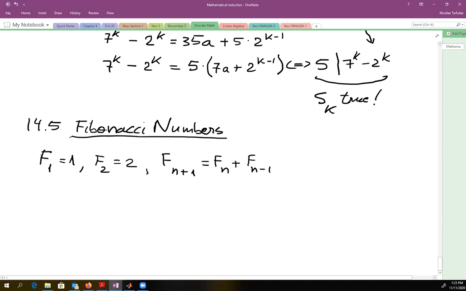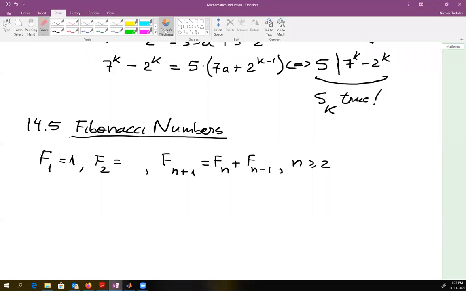Okay, and this holds for all n greater than or equal to 2. Oh, I'm sorry, this one is 1. Let me erase this. So it starts with 1, 1.